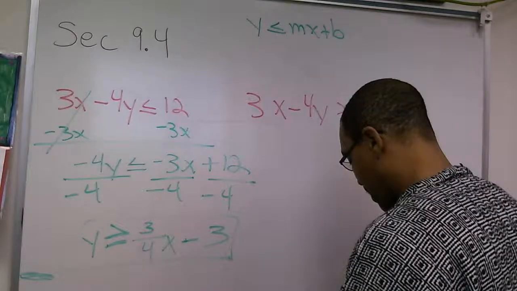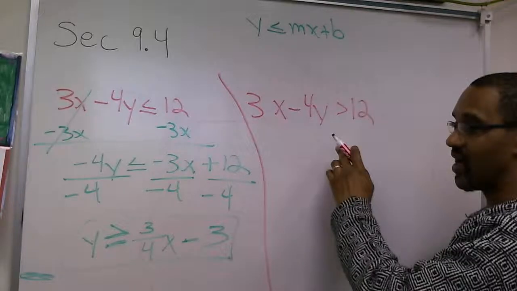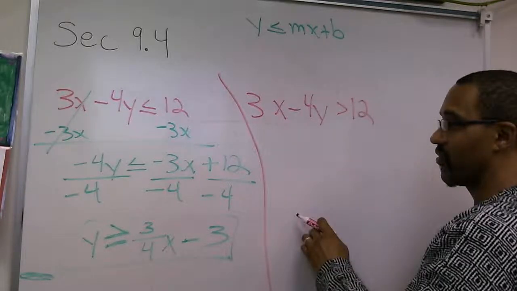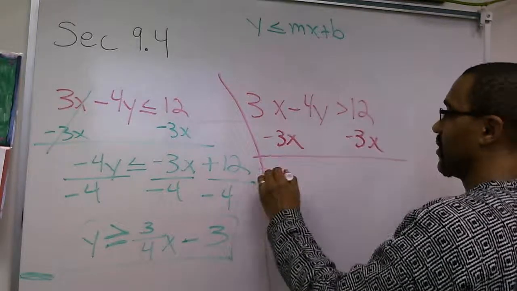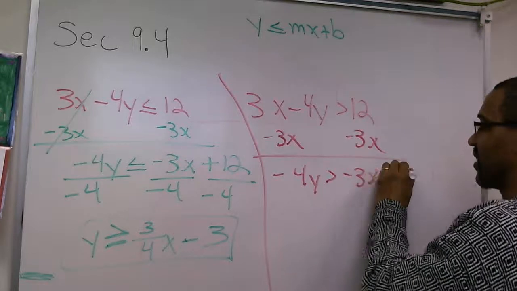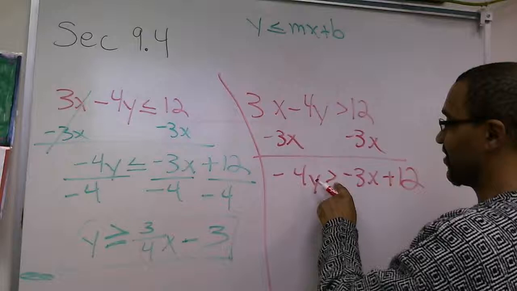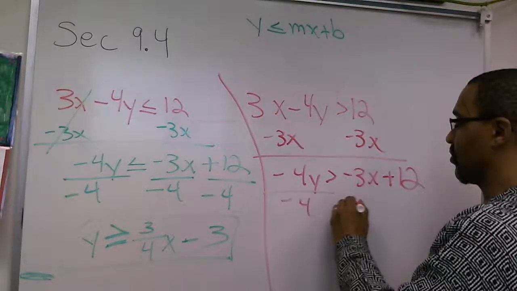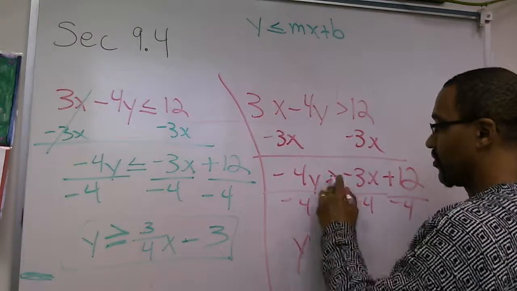When we work the other problem, everything will be done the same way, except on the very end. In fact, we'll go ahead and work this out. Again, the same way as before. Only difference, of course, is that the inequality is going in another direction, a different kind of inequality. But still, when you divide by negative 4, the rules still apply.